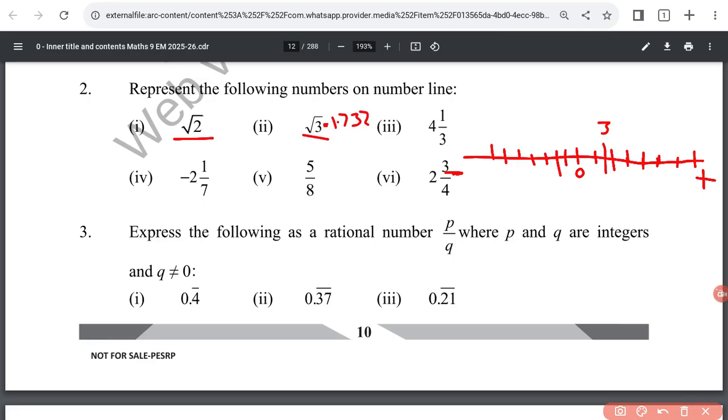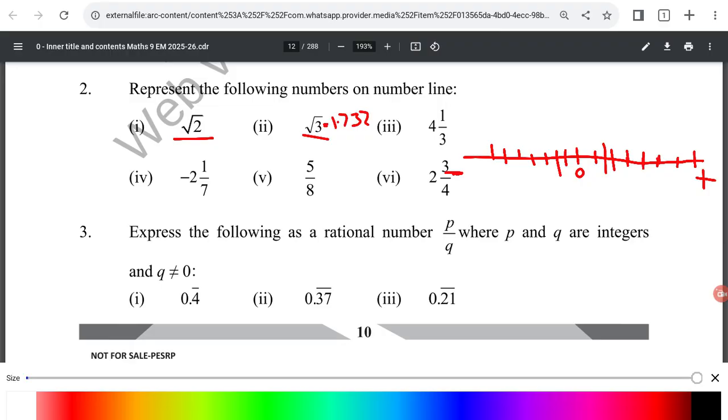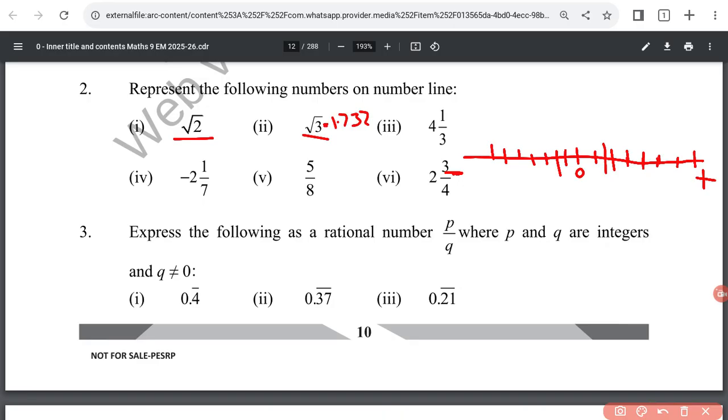Okay, so now we move towards the next question, that is 4 times 1 over 3. We know that 4 and 1/3 is 3 times 4, which is 12, plus 1, so 13 over 3.